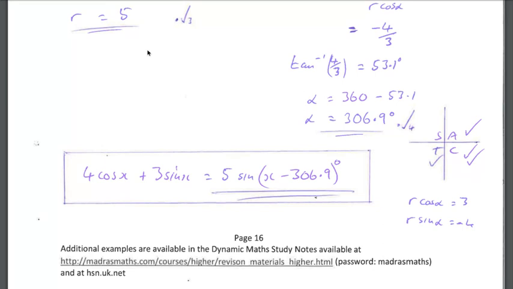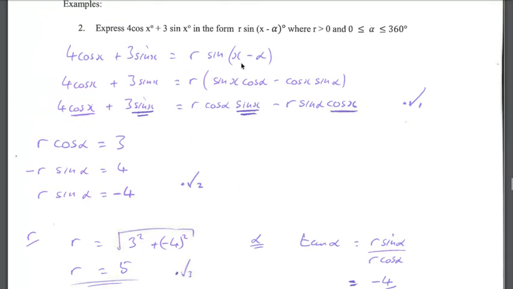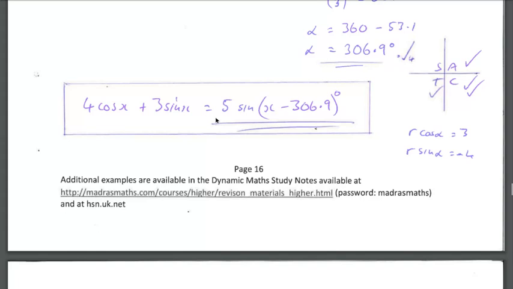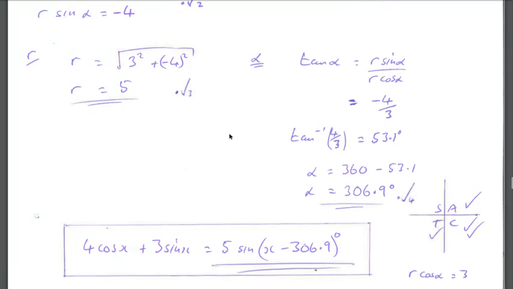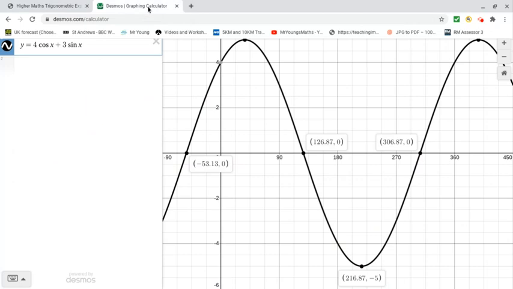So our value of r is 5, our value of alpha is 306.9, and then rewrite it in the form r sine x minus alpha as we were asked to do in the question. And that gives us 5 sine x minus 306.9 degrees. Let's have a quick look back at the video.